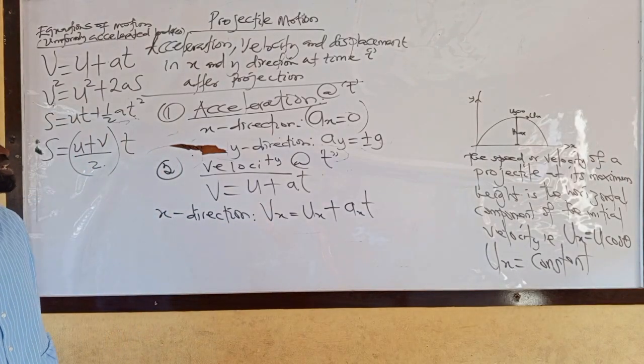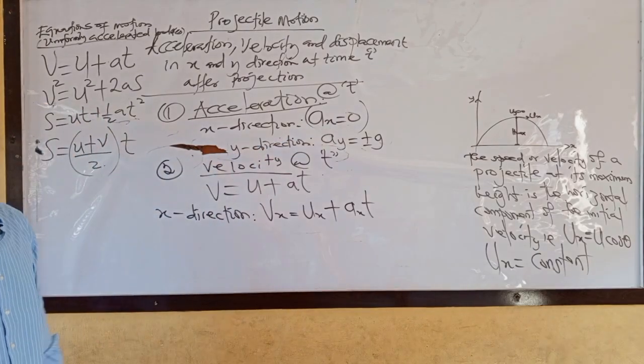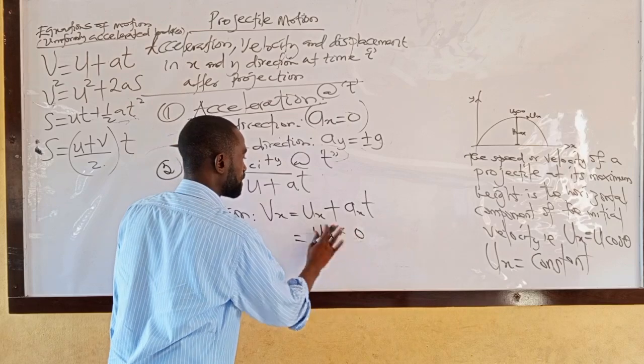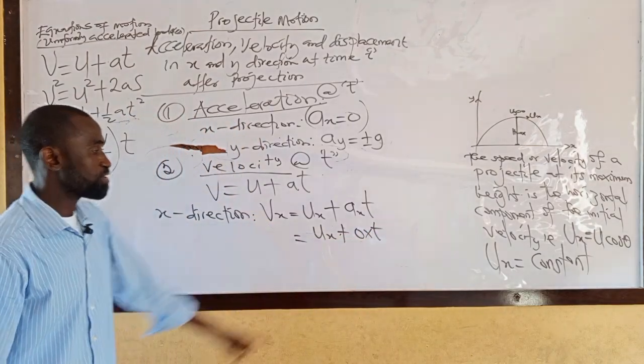So what happened to this? Our a of x is equal to 0. So this becomes u of x plus 0 times t. You with me? What's 0 times t? 0.